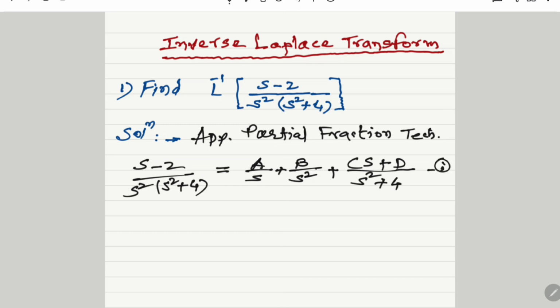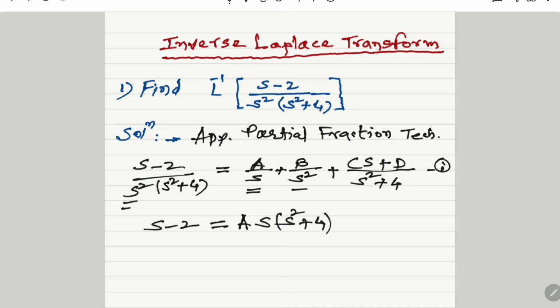Then finding the LCM. The LCM here is s square into (s square plus 4). Then dividing this by the first denominator, we get s minus 2 is equal to: s gets cancelled, the remaining term is s into (s square plus 4), therefore A multiplied by s into (s square plus 4).